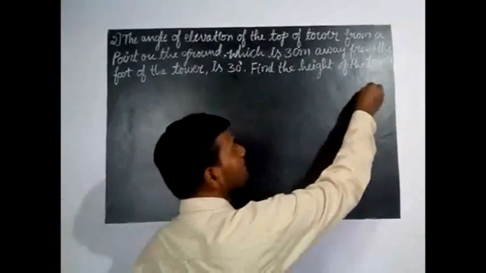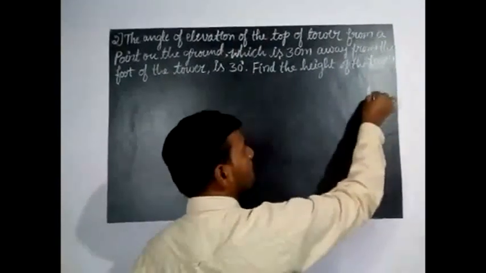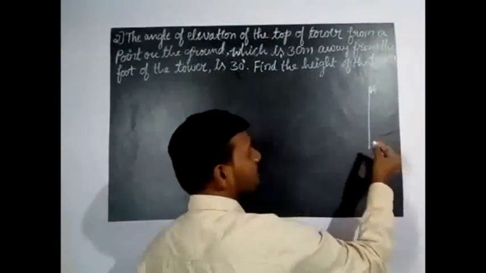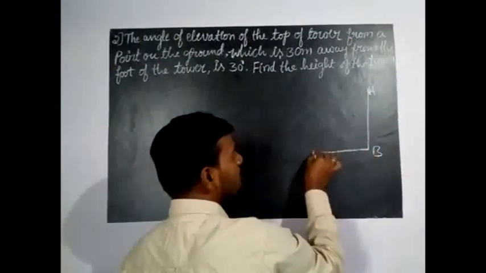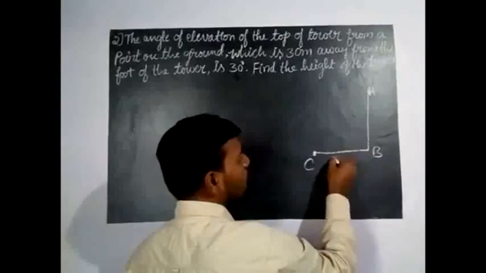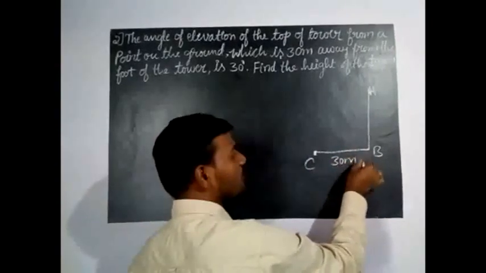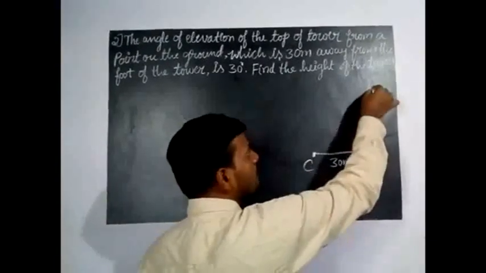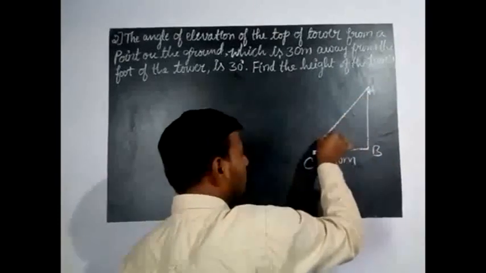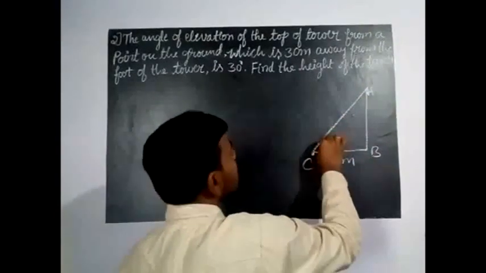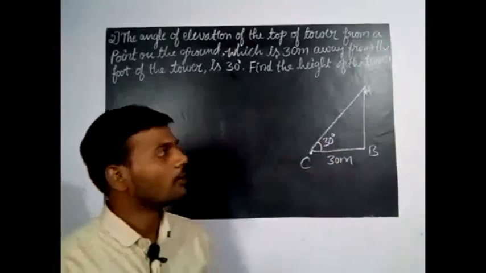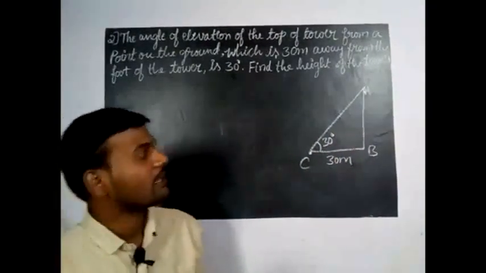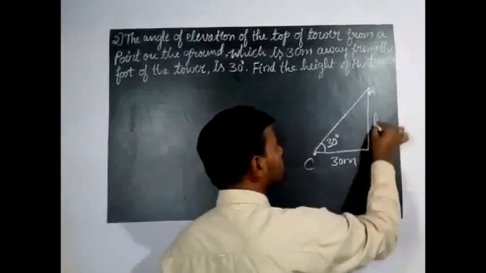So here AB is a tower, and there is a point on the ground which is 30 meter away from the foot of the tower, and the angle of elevation is 30 degree. Now what we have to find is the height of the tower.